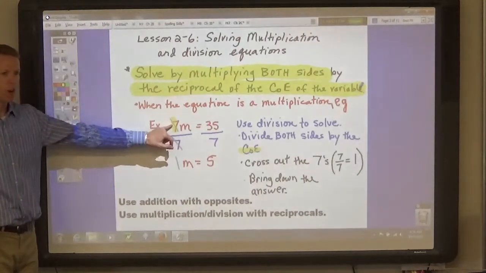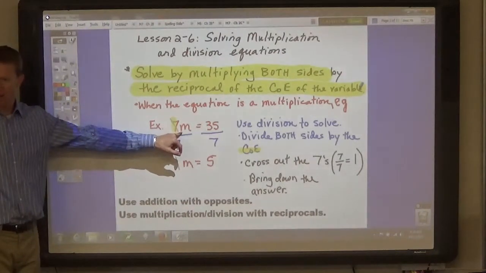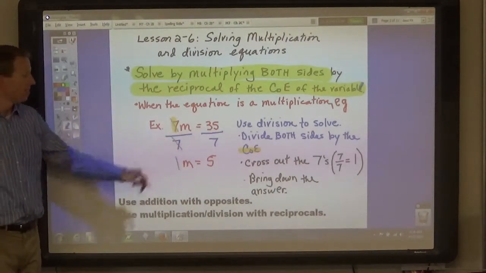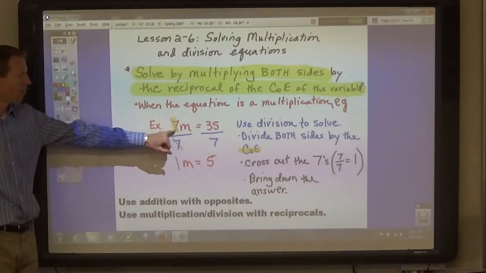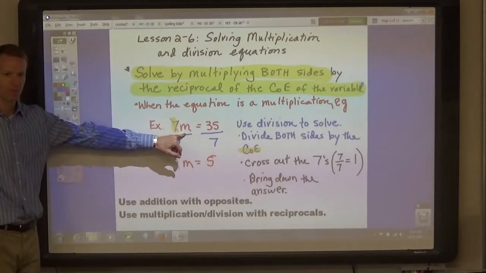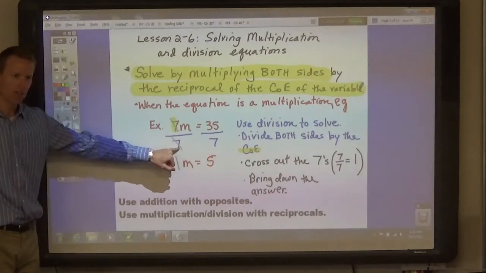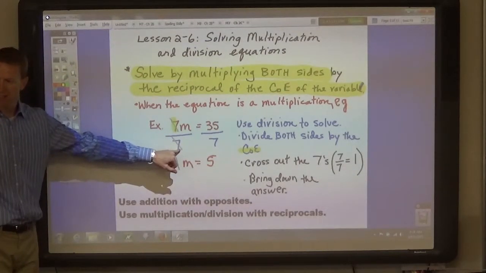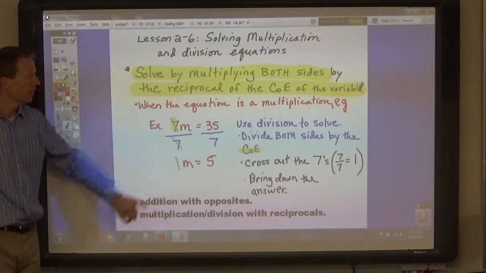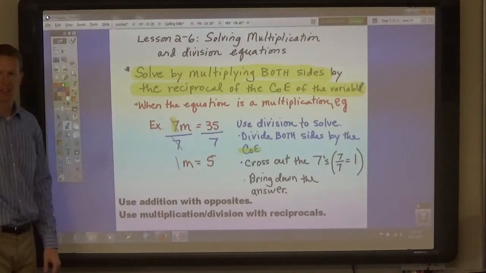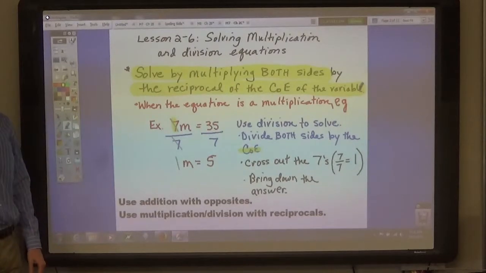We're going to find the coefficient of the variable. We're going to find the number next to the variable. And then either divide it by itself, which makes 1, or, in the case of a fraction, we're going to multiply by its reciprocal.